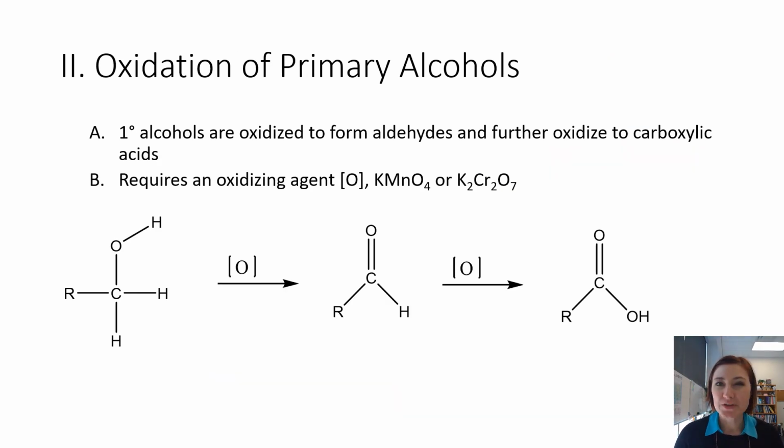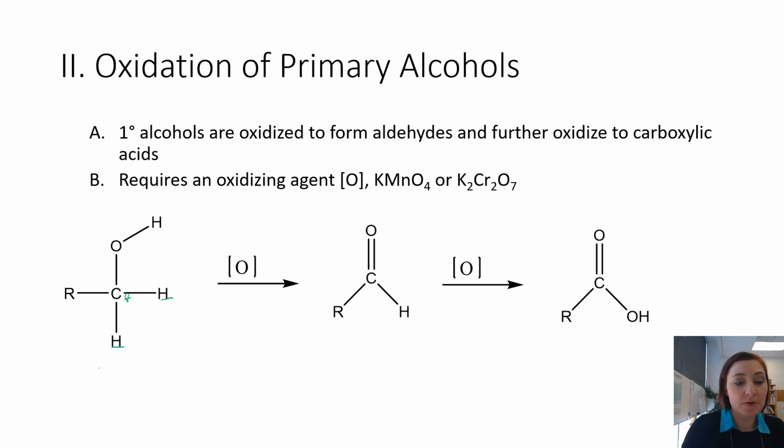All right, let's get a little more specific and talk about a primary alcohol. And remember, a primary alcohol, the alcohol carbon, so this guy, is attached to one or no other alkyl groups. So when you have a primary alcohol, you have two different carbon-hydrogen bonds, and that's going to be critical to understanding how many steps this oxidation is going to have.